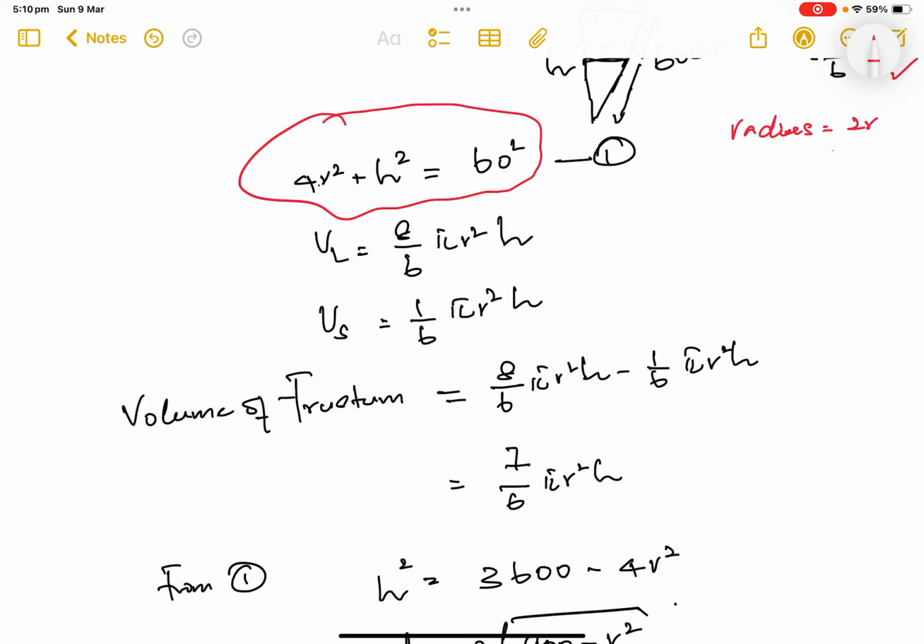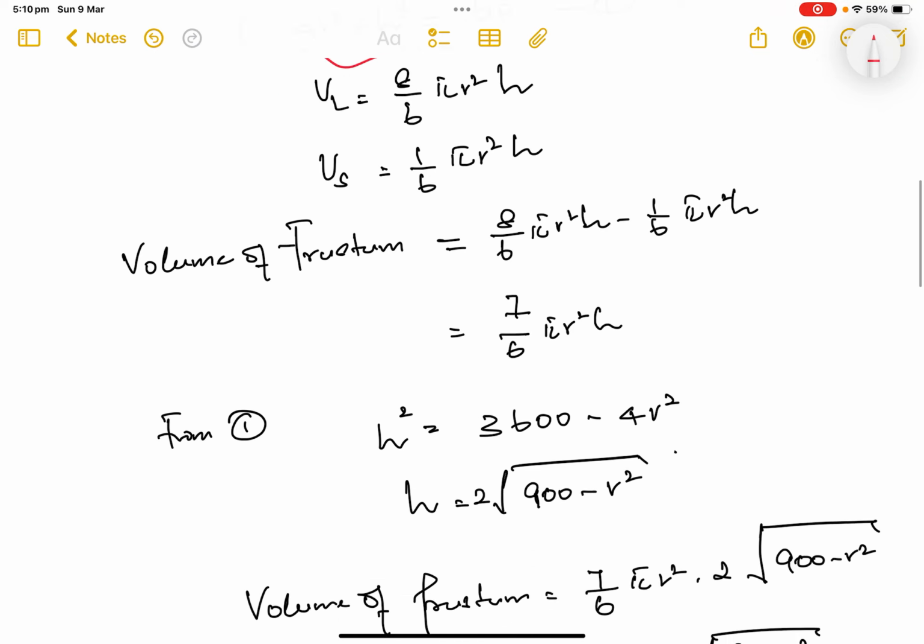One from the other gives us the frustum. So the volume of the frustum is 8/6 pi r squared h minus 1/6 pi r squared h. With the same denominator, 8 minus 1 is 7, so 7/6 pi r squared h.